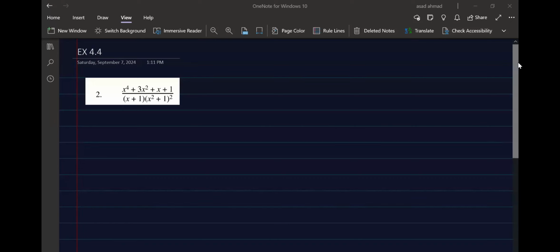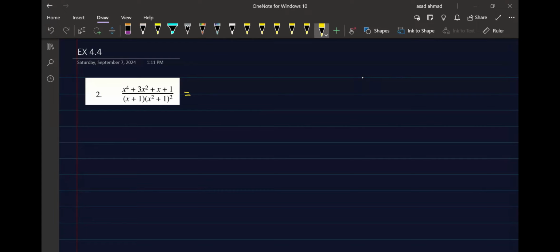So for question number 2, we will notice that one term in the denominator is linear, while we have one quadratic term with higher or repeated powers. The process will be completed in such a way. First, we will investigate whether it is a proper fraction or an improper fraction.